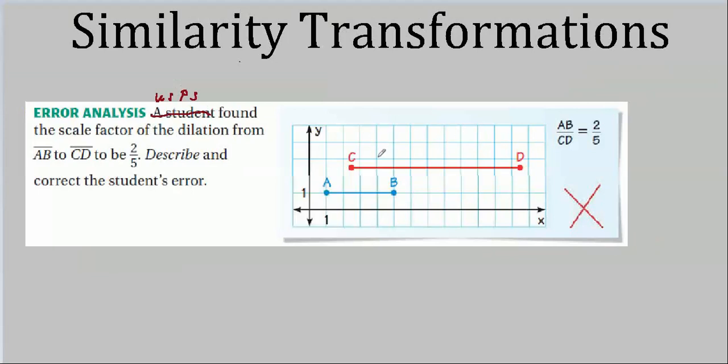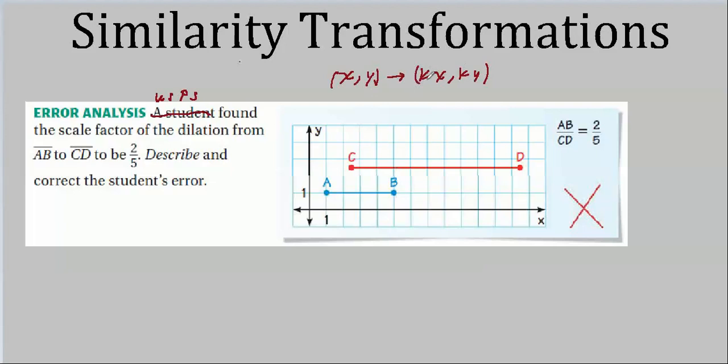Here's one where some guy at the post office tried to do some geometry, and of course he got it wrong. What was the mistake? Well, it looks like he just took the length of this and the length of this and decided that the ratio of those two lengths was the dilation factor. Well, dilation factor, remember, you have to be able to use it like this: xy goes to kx and ky.